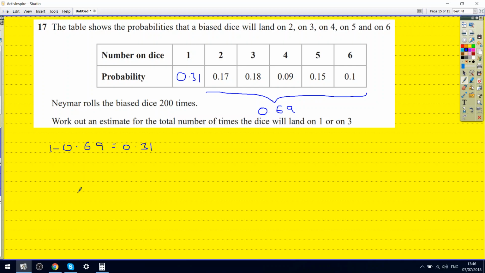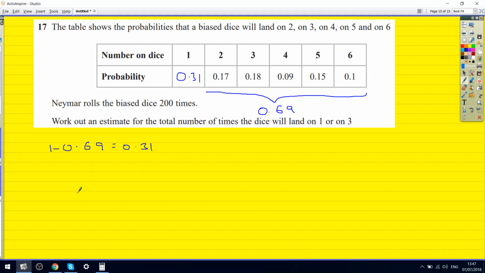Work out an estimate of the times the dice will land on 1 or 3. So we know it goes to 1. 1 divided by 6. That would be if all of the probabilities were the same, but they're not. They're all different.